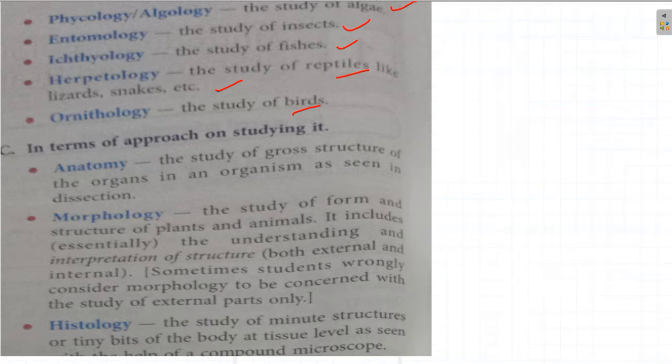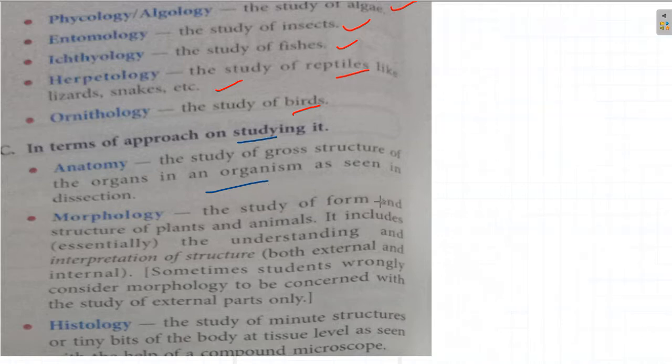In terms of approach on studying biology, it has the following branches. First is anatomy, the study of gross structure of organs in an organism through dissection is called anatomy.